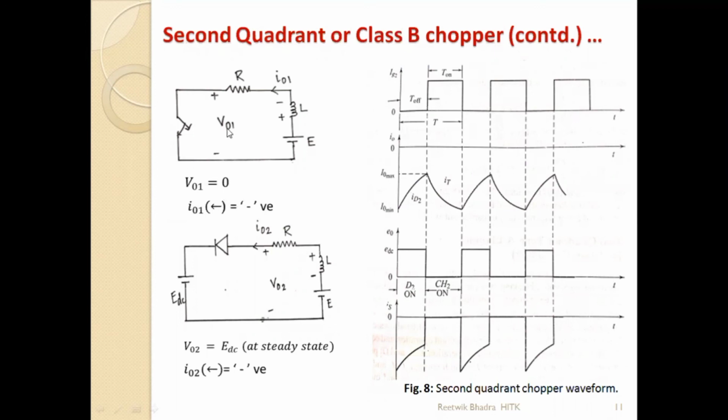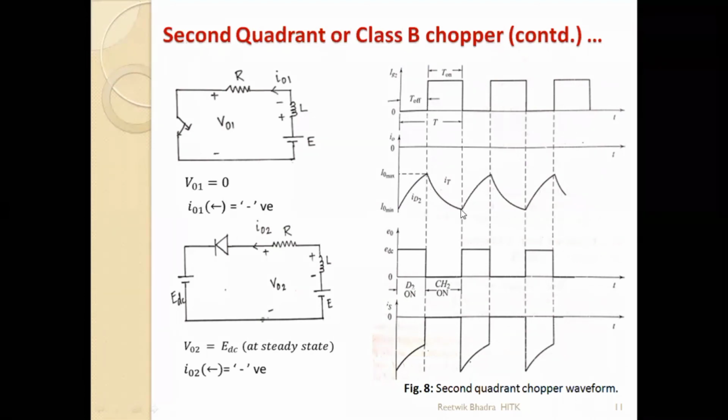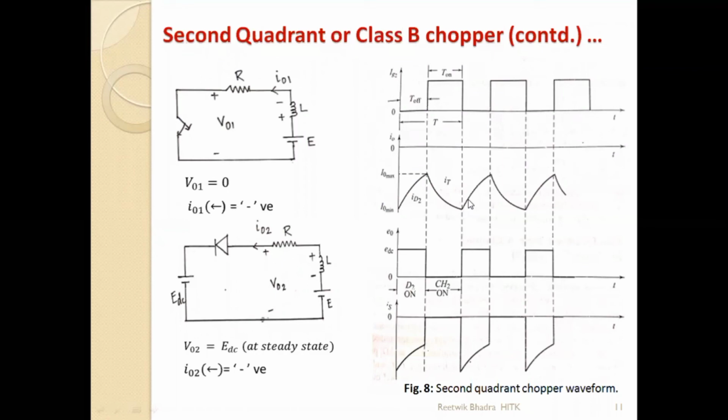V01 will be plotted 0 during the on period. See, when CH2 is on, my V0 is plotted 0. I01 is charging but negative since my direction is this one. So from this point it will exponentially increase to this point. So it is charging. Next cycle again discharging, so it will discharge from this point to this point.